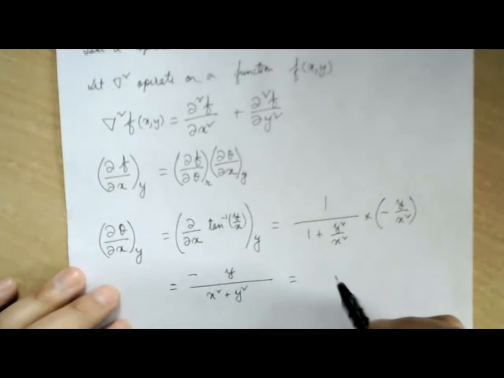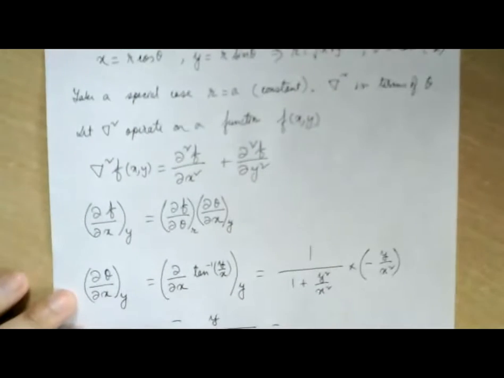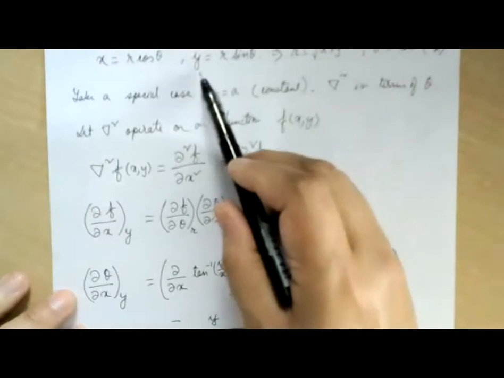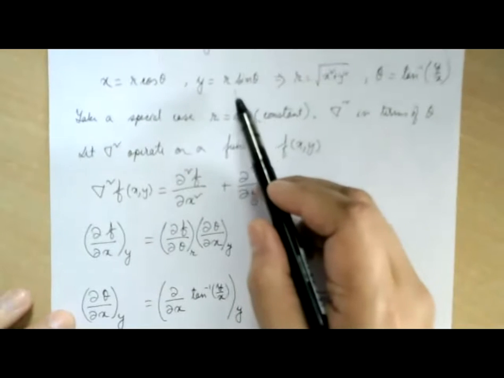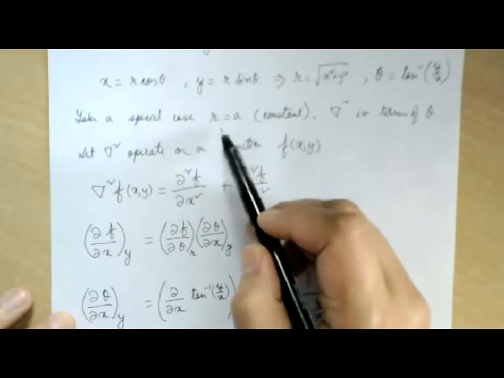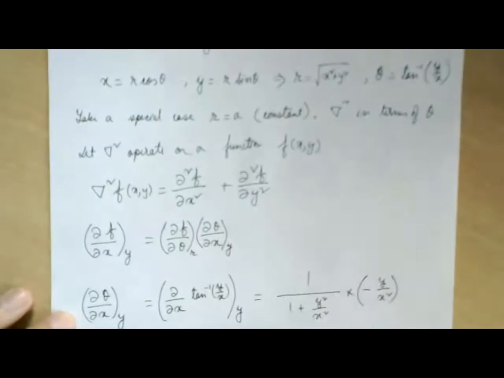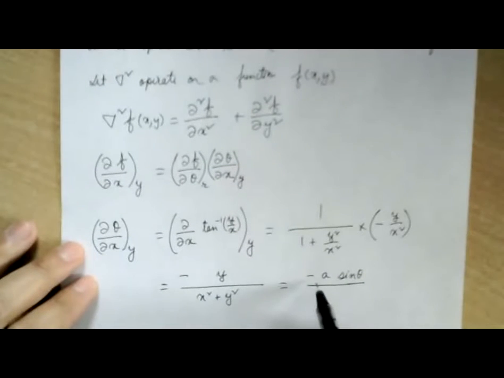And now what is y? y is r sine theta, and when we take r as a constant, this becomes y equal to a sine theta. So this is minus a sine theta. Minus y is minus a sine theta.